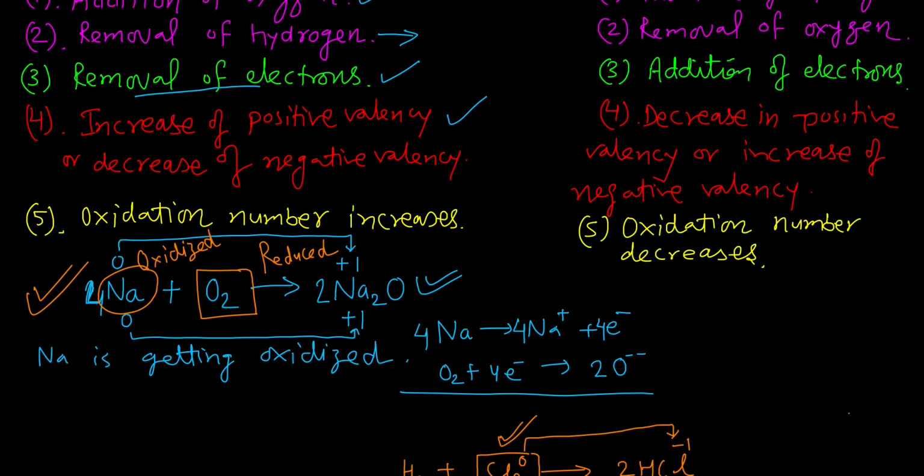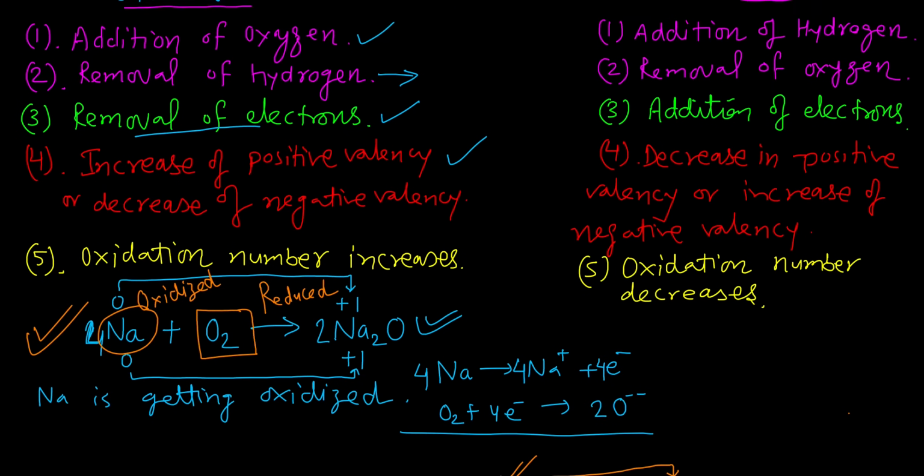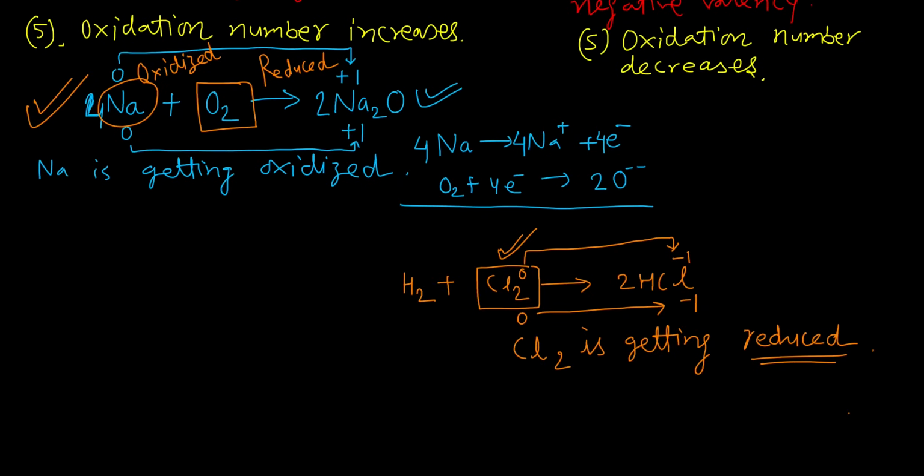And what was the other definition? Addition of electron. I will not say complete addition of electron here, because this is a covalent kind of bond, so there is no complete transfer of electron. But if you know about the polar covalent bond, the bond between H and Cl is polar covalent, and because the electronegativity of chlorine is much higher compared to hydrogen, the shared pair, which should exist exactly midway between these two atoms, doesn't stay there, because chlorine pulls the electron pair, and the bond pair gets shifted towards the chlorine atom.